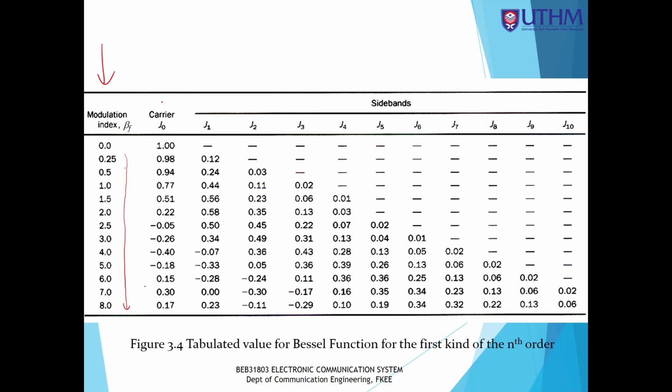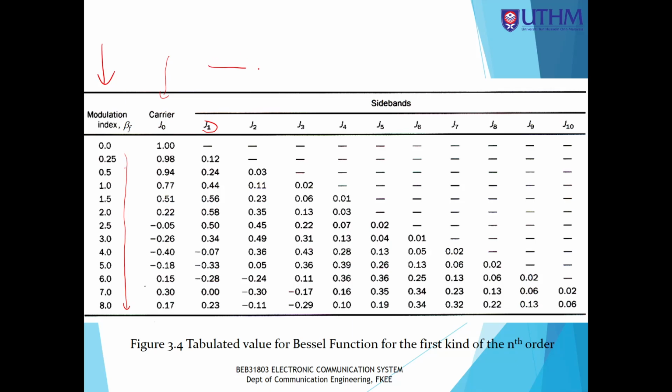And then we have the carrier component. The second column is the carrier component, which is J0. The rest of the columns are the sideband components, from J1 until J10. What is this actually?